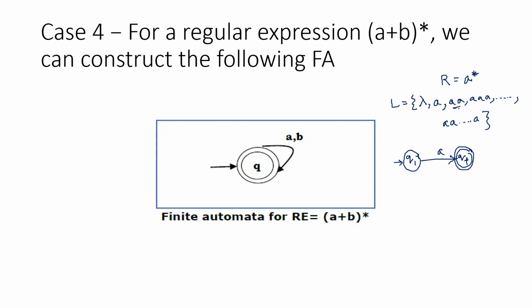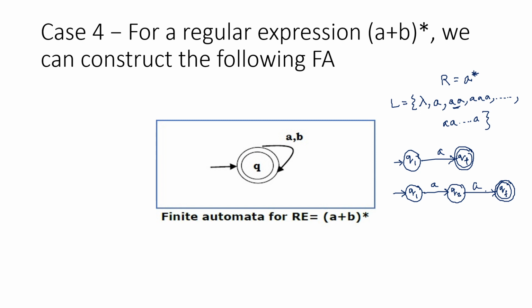For AA you will have two steps, Q1 to Q2 and Q2 to say QF, because of this A, and obviously the initial state will be Q1. So basically this will accept AA.